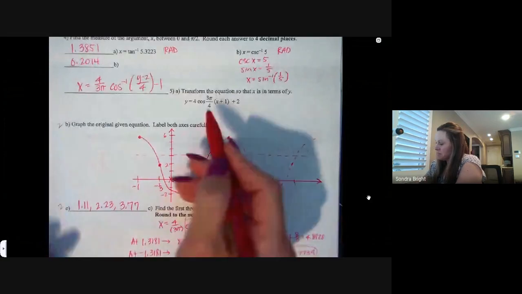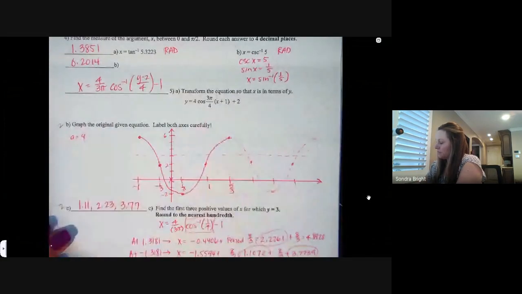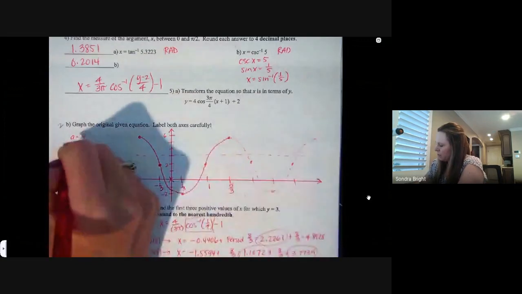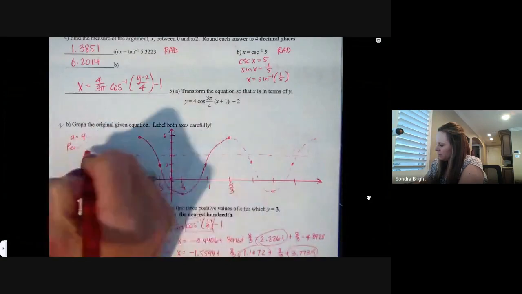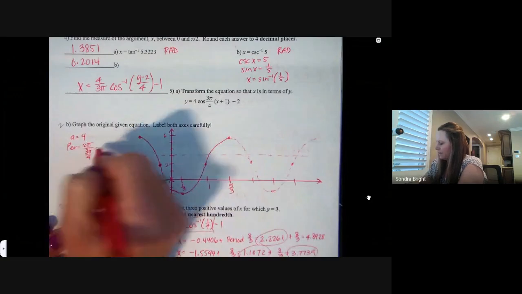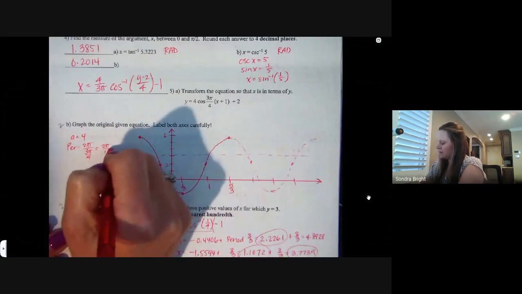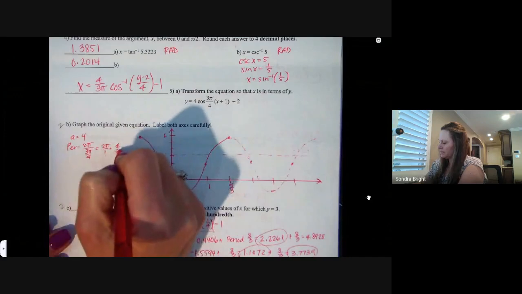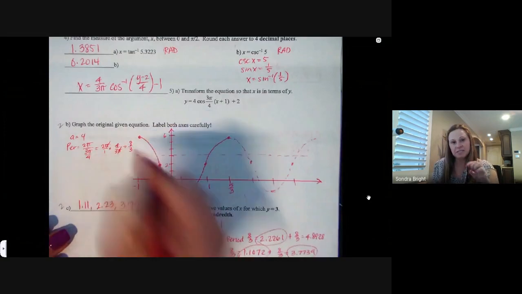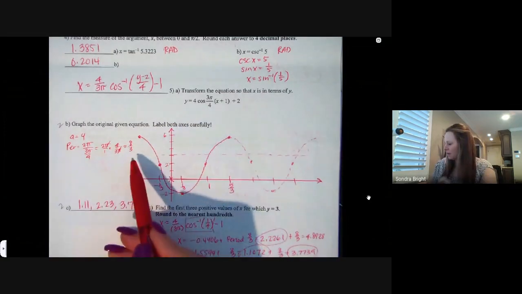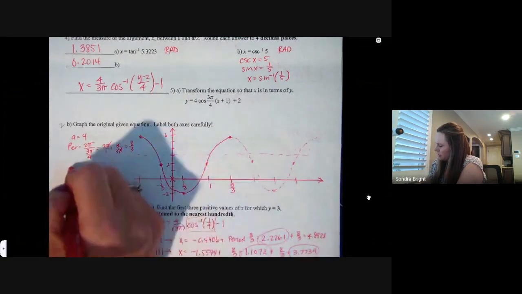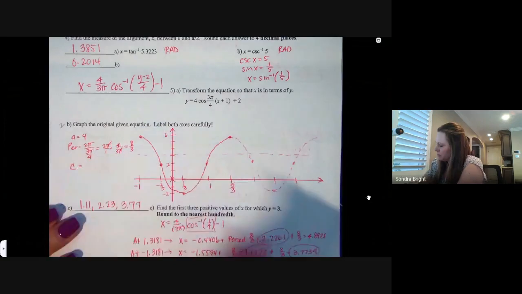To find the period, it was 2 pi over B, pi over 4, which is like 2 pi over 1 times 4 over 3 pi. Well, that's not friendly at all, is it? 8 over 3. So I'm not going to change that to decimals because if I do, it's a repeating decimal. Not okay with that. Your C value should have been, I don't know what. B was, I should have just written that.